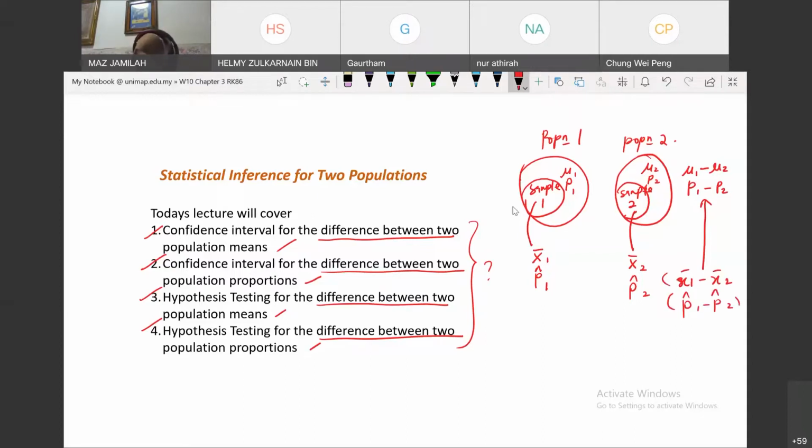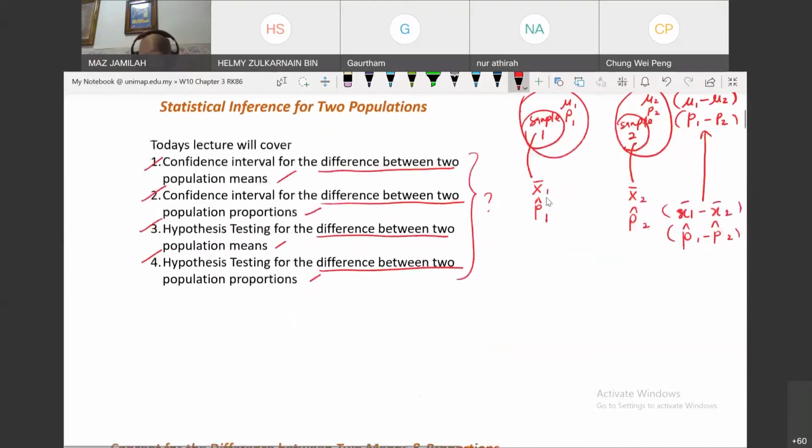So these are the things that we are going to look at in further discussion. So everything will be in terms of X bar 1 minus X bar 2, p hat 1 minus p hat 2, to reflect the difference in population mean and proportion.